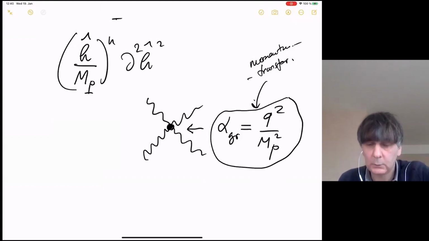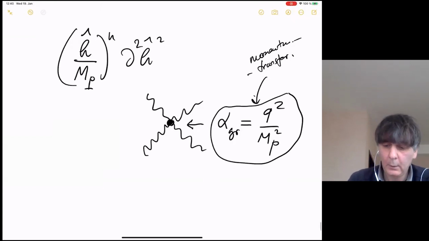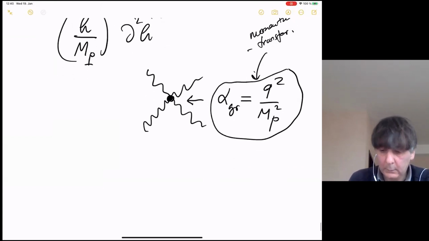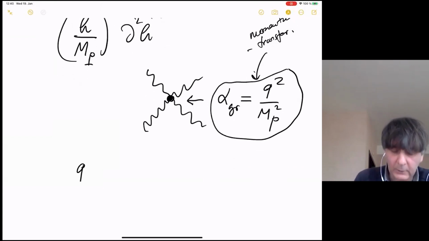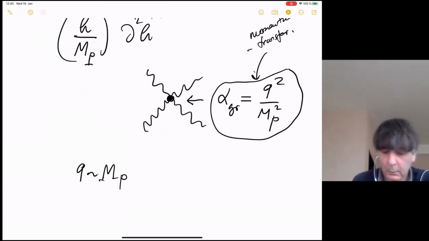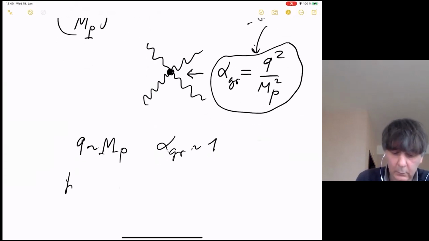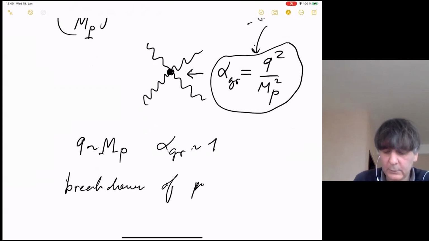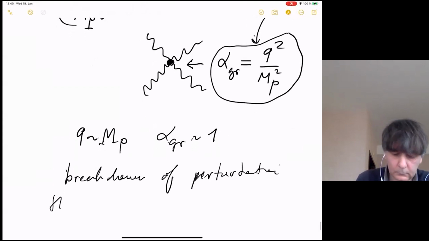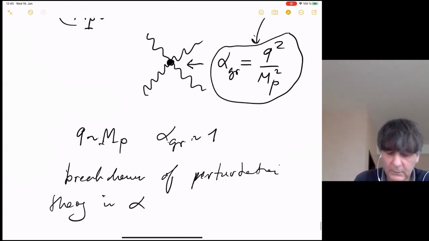So we cross into a strong coupling regime when? Well, for momentum transfer approaching the Planck mass, alpha gravity becomes order 1 and we get a breakdown of perturbation theory in the series of alpha gravity.